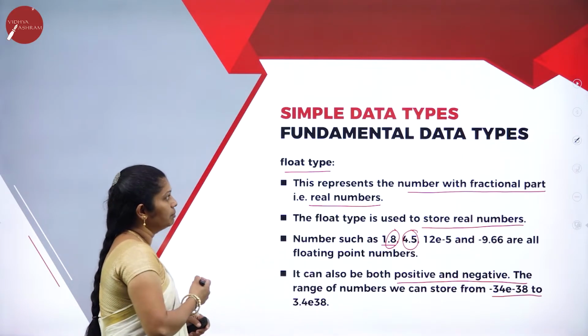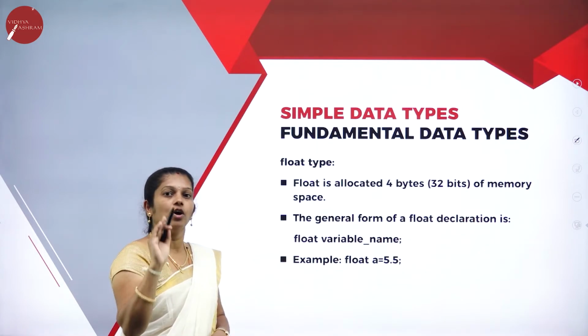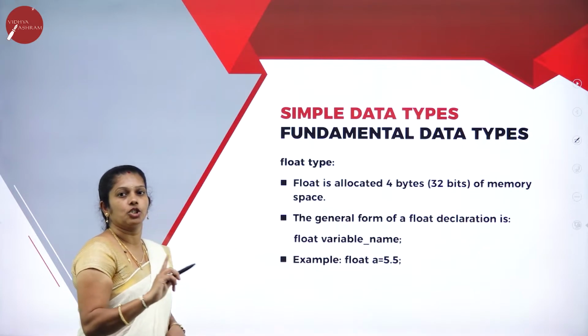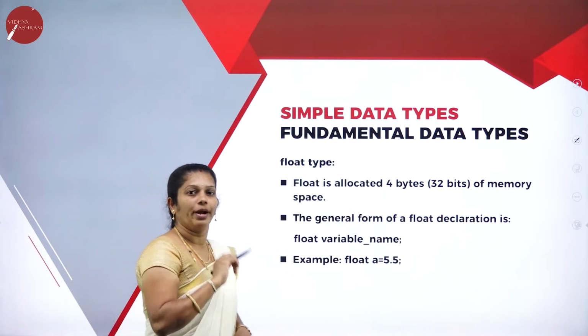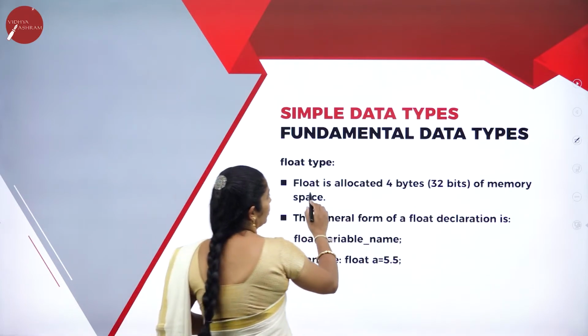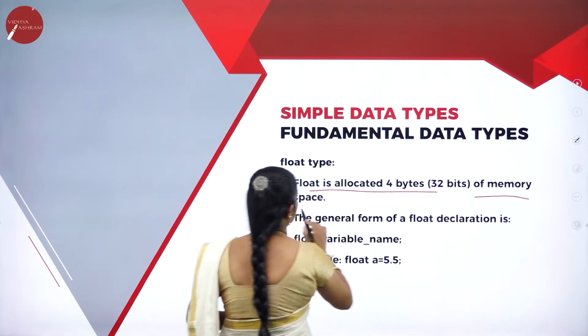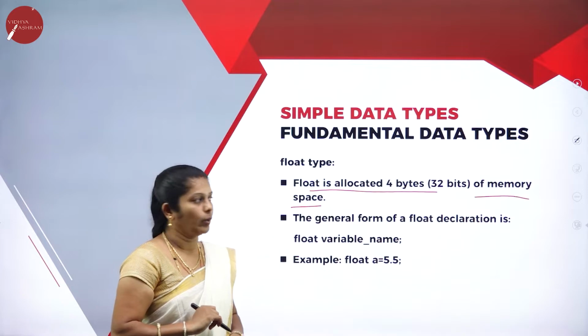If you observe, float requires 4 bytes of memory space, whereas integer requires only 2 bytes. Float is allocated 4 bytes of memory space, which is nothing but 32 bits.